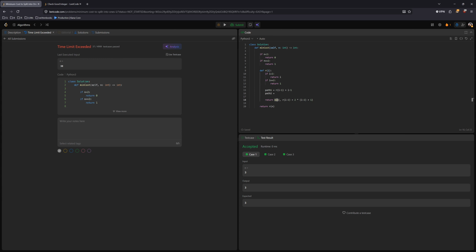Path 2 equals this. If path 1 is less than path 2, then print I, comma, path 1 better.